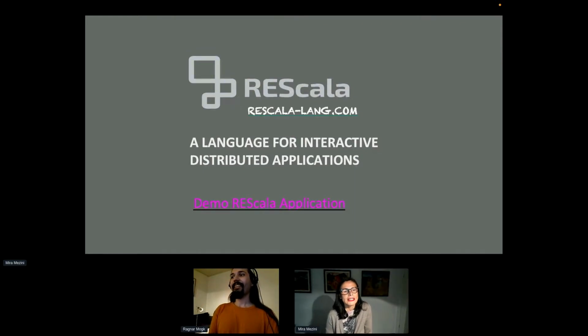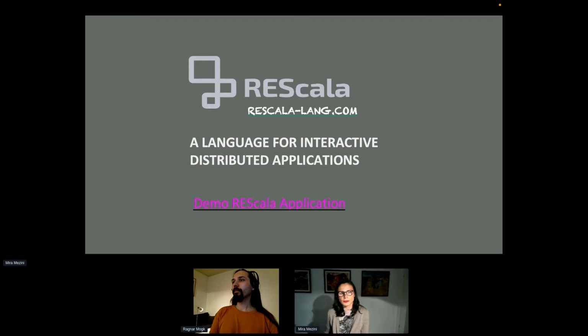Okay, thank you. So Ragnar just said that our answer to the requirement that developers shouldn't be forced to re-implement support for offline availability and eventual consistency over and over again every time they implement an interactive distributed application is REACTIVES.